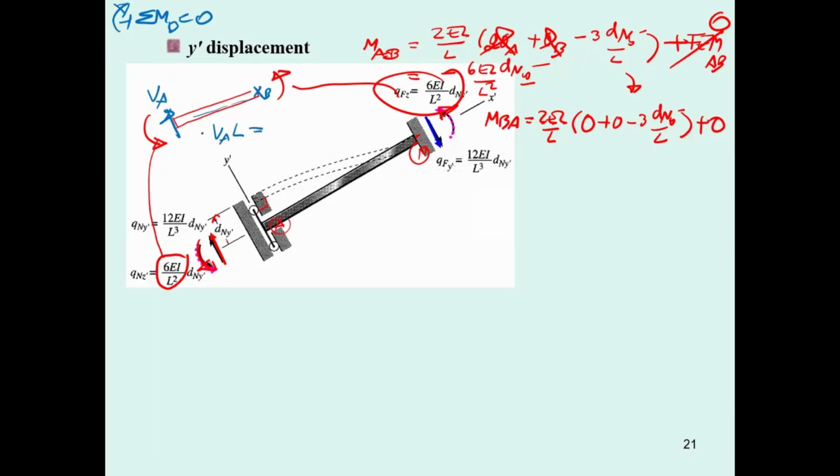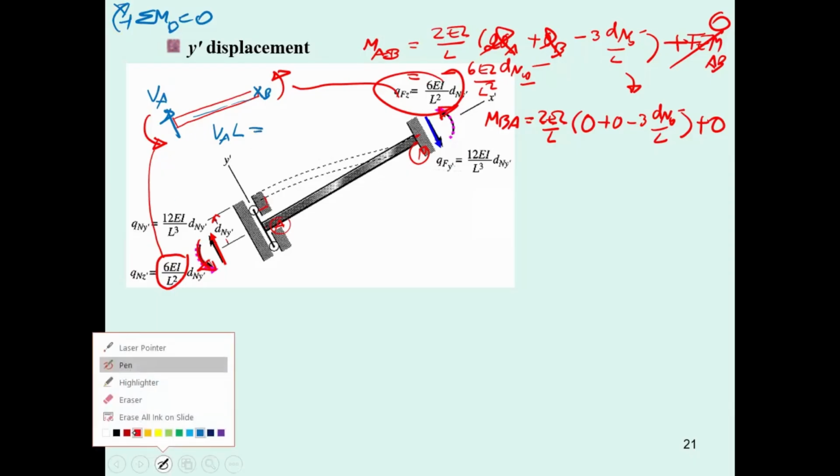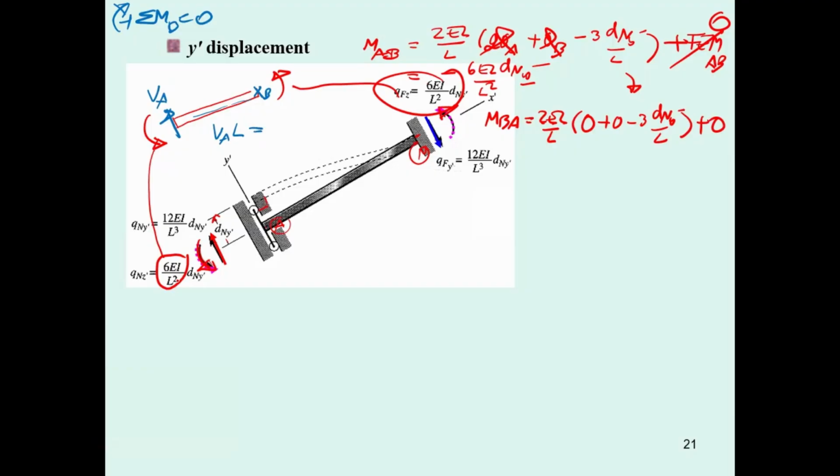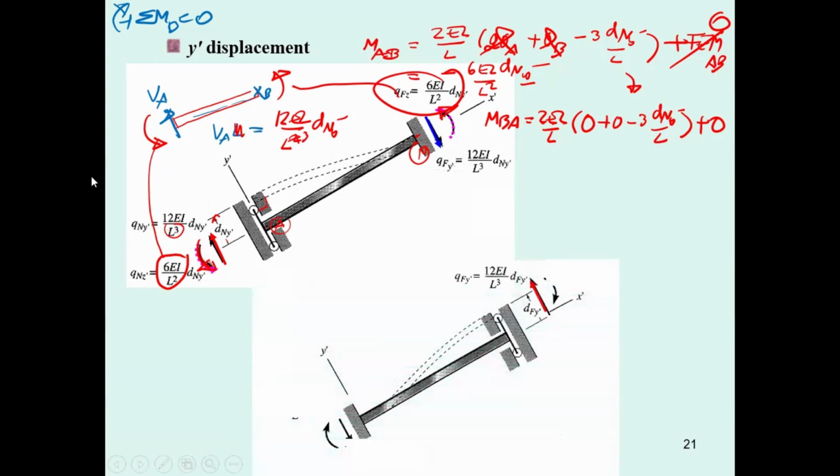Then it's going to be these two things, 6 EI over L squared, 6 EI over L squared. You will have this one, 12 EI over L squared, d sub n y prime. Then you take this one out, put this one, it's going to be L cubed. Okay. Then you get the coefficient of the k prime matrix. And then do the same for this one. You will get the same result.